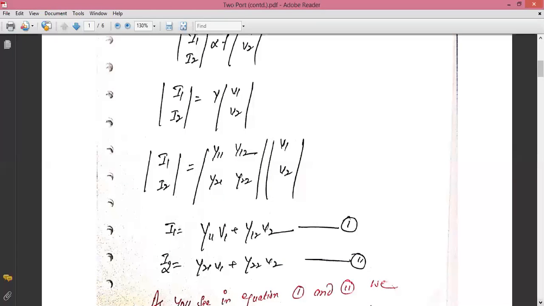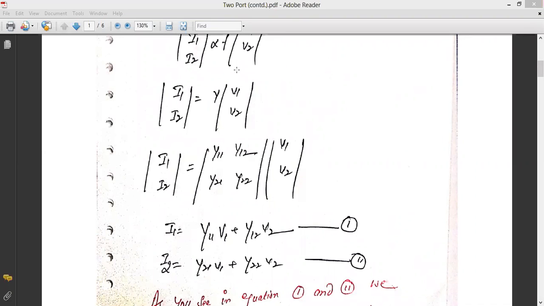This is similar to what we discussed in our previous lecture on the Z parameter, where the equations are V1 equals Z11 I1 plus Z12 I2, and V2 equals Z21 I1 plus Z22 I2. Here the equations are I1 equals Y11 V1 plus Y12 V2, and I2 equals Y21 V1 plus Y22 V2.